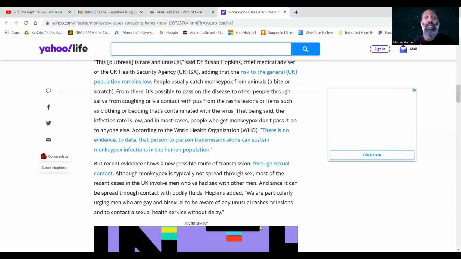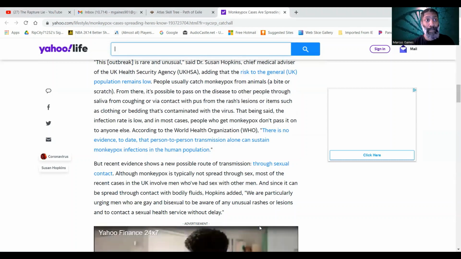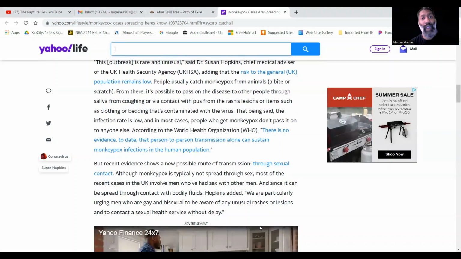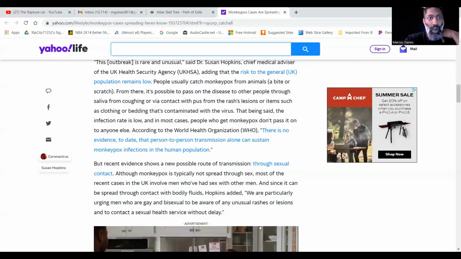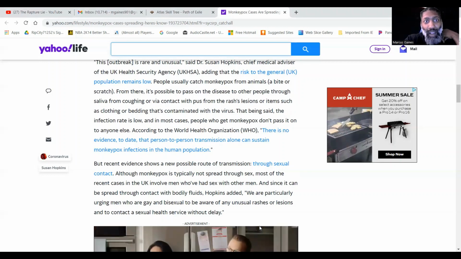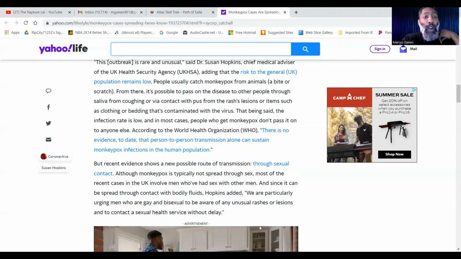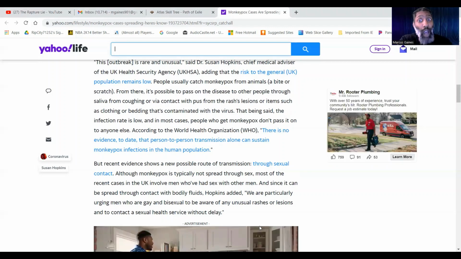However, I will tell you, monkeypox is something that can be spread from person to person. In fact, they said just a little earlier, people usually catch monkeypox from animals, a bite or a scratch. From there, it's possible to pass on the disease to other people.